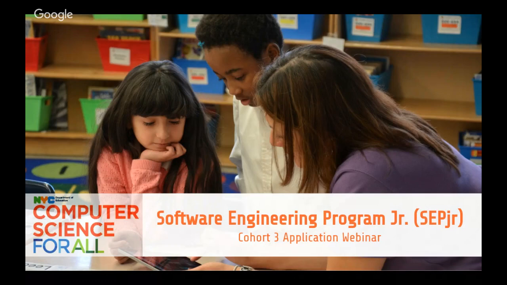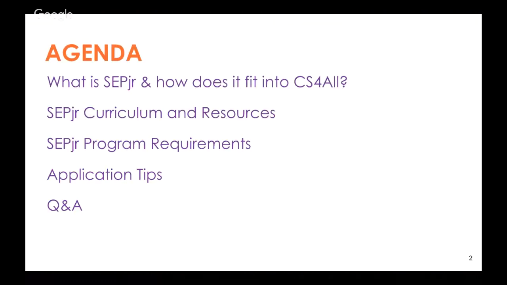Okay, so let's get started. Taking a look at today's agenda for the session, the first thing that we're going to do is talk a little bit about what is SEPjr and how does it fit into the CS for All initiative here in New York City.